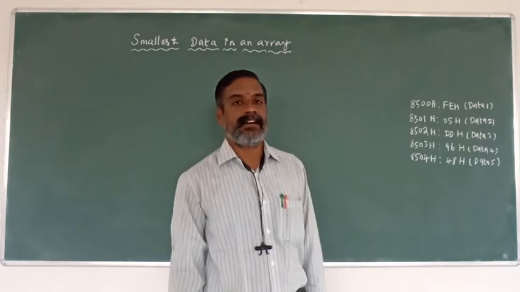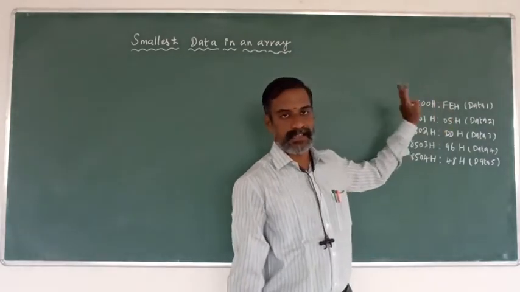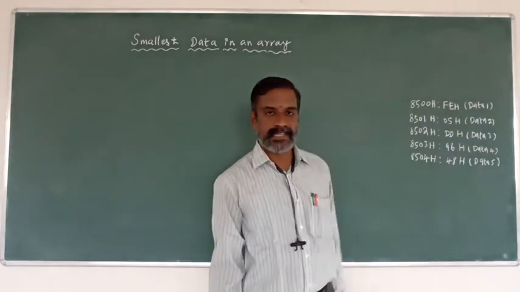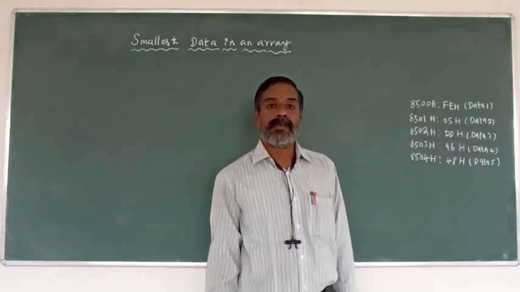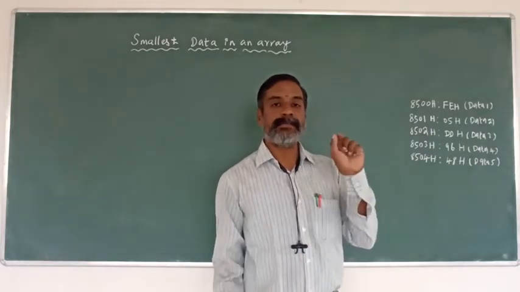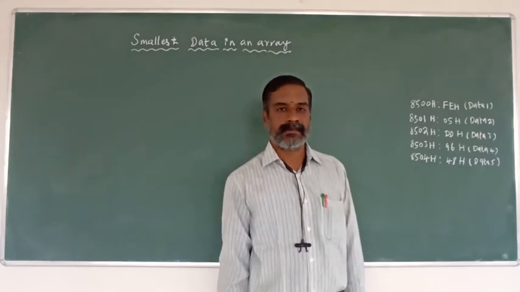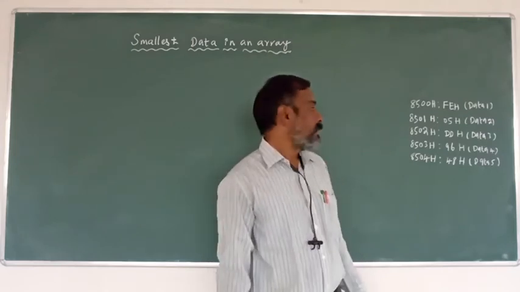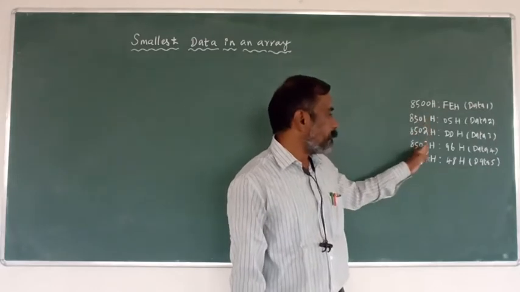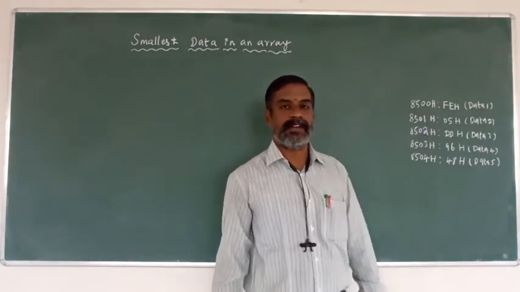That FF data we have to compare with the external memory address location data. Now to compare these two, the smallest data always moves to the 8-bit internal memory. And to set the number of data, now to set the number of data 5.